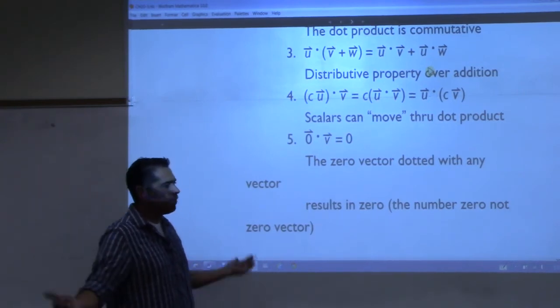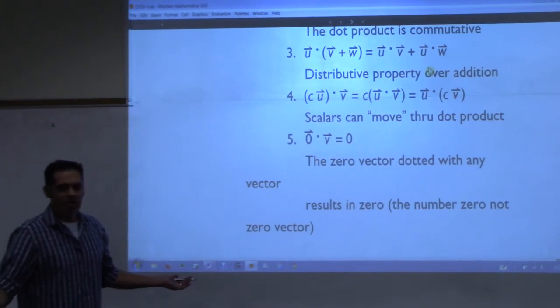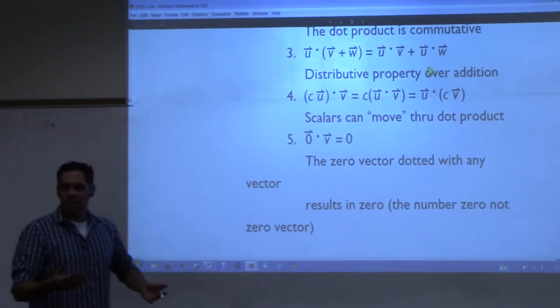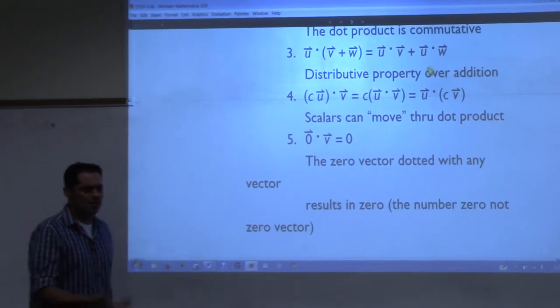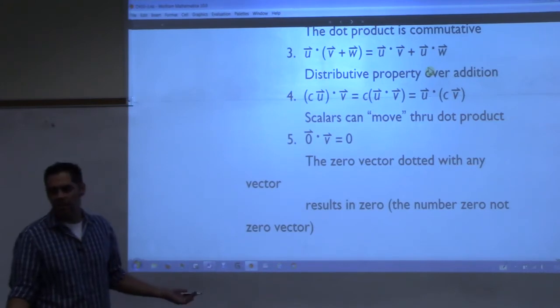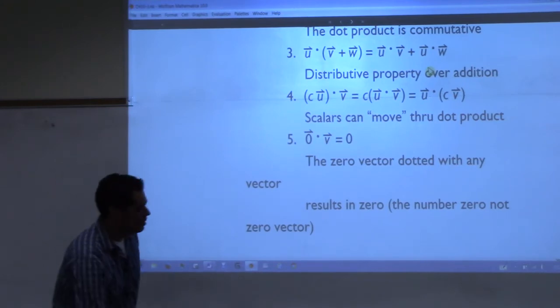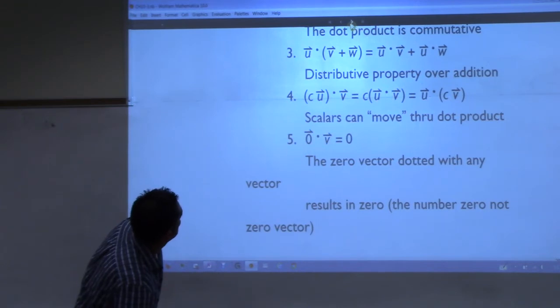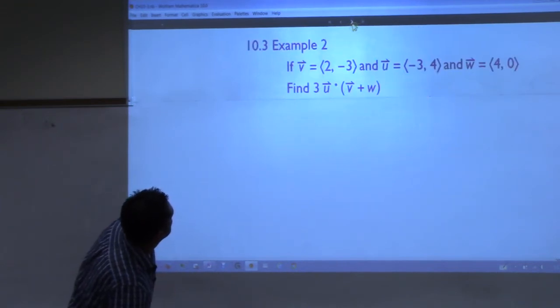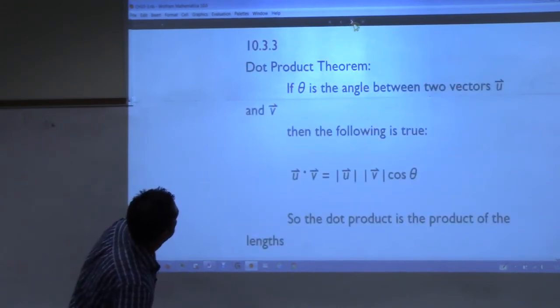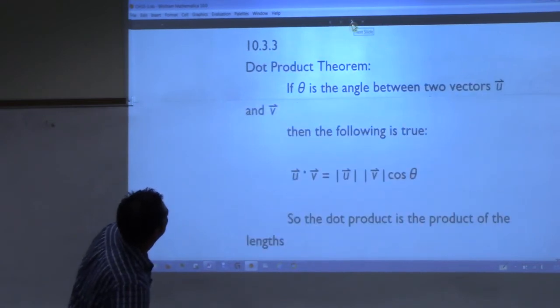What's the usefulness of that number? So big deal, you take two vectors, you do this thing called a dot product and it gives you a number. What does that number mean? Is it even useful to us? This is going to be the one I want to show you.